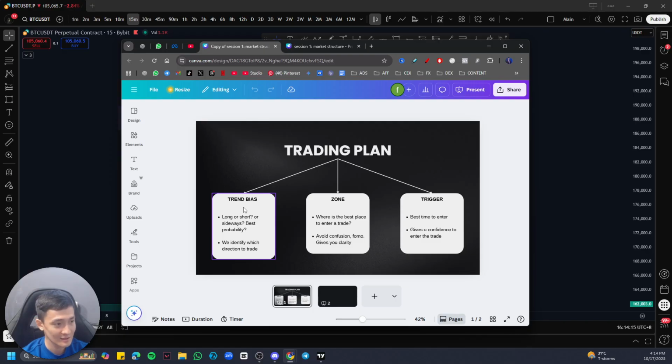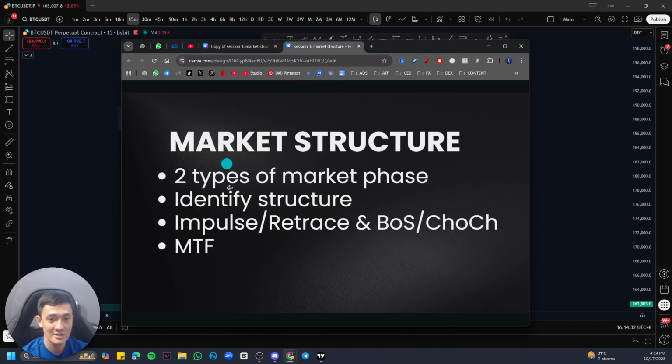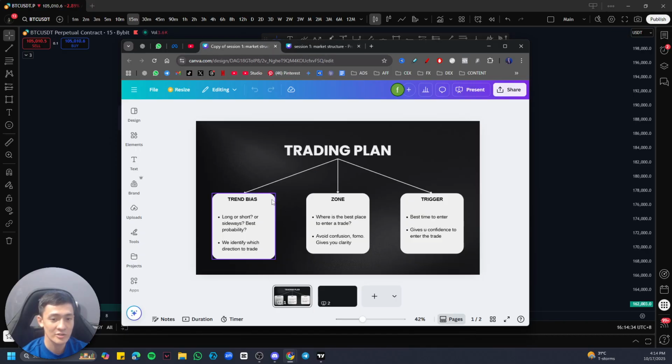Is it a high probability area or not? And this helps you identify which direction you want to trade, or whether you should just sit back and wait for a clearer trend. So this is trend bias, market structure, which falls into the trend bias category of our trading plan.